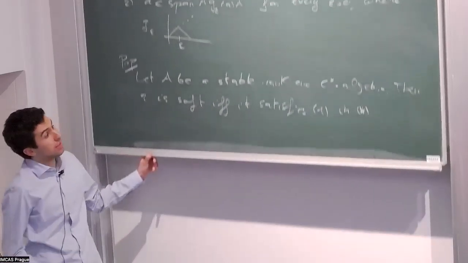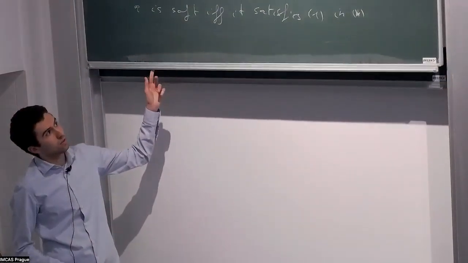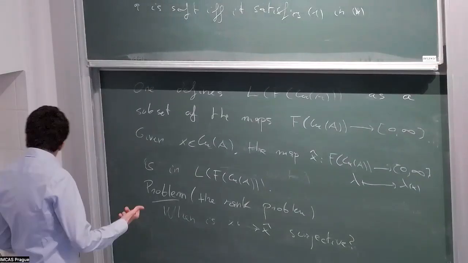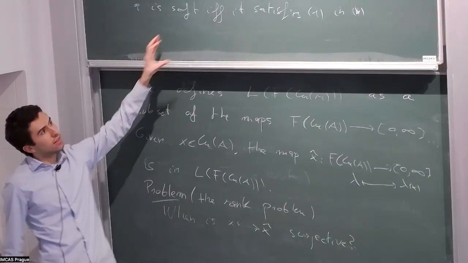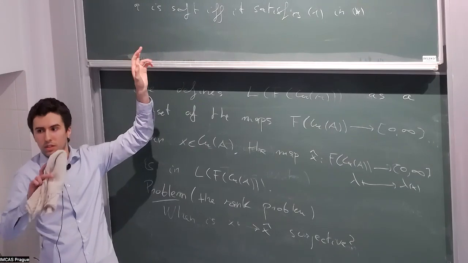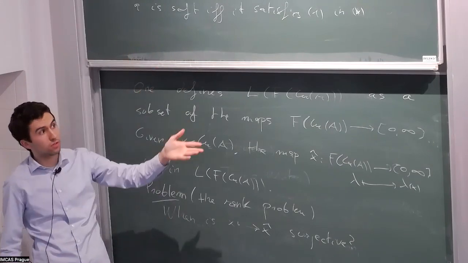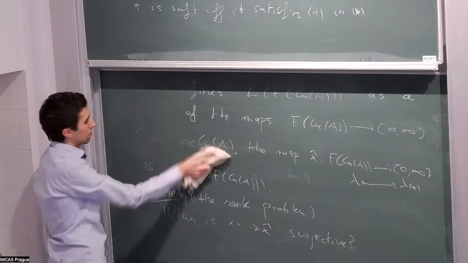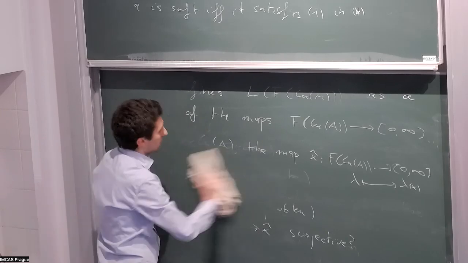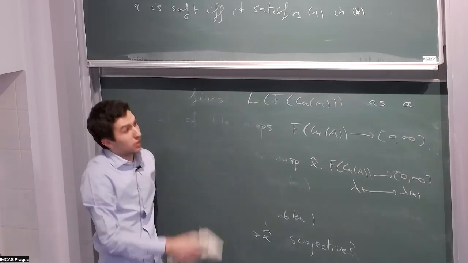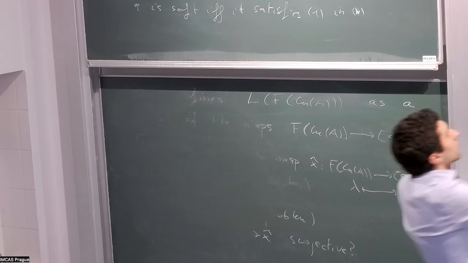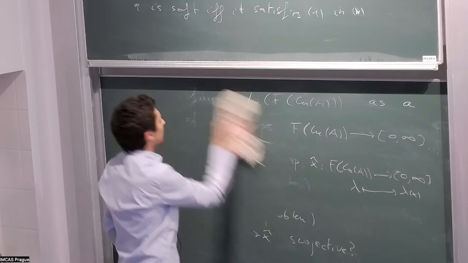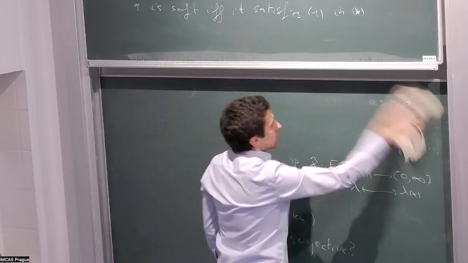Now the point is that if you don't have stable rank 1, you can still say most things. For example, one of the things is that you can relate this notion of, let's call it, C-star softness with this new definition of softness for Cuntz classes.